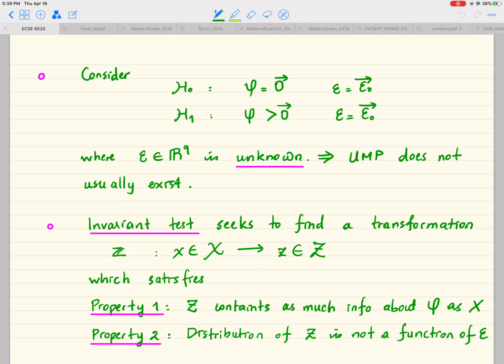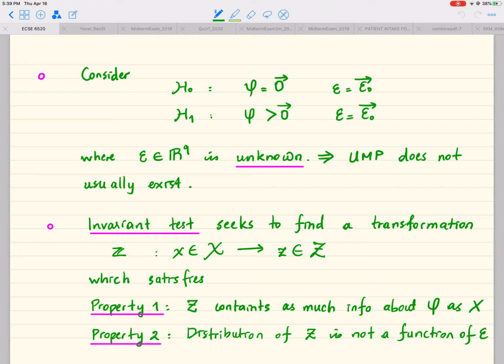Phi being larger than 0 means there is signal. So this can be a signal present, signal absent problem, and phi sub 0 could be, let's say, noise variance. So here epsilon, of course, is not known, and for a test of this kind, a uniformly most powerful test may not exist. It usually does not exist.